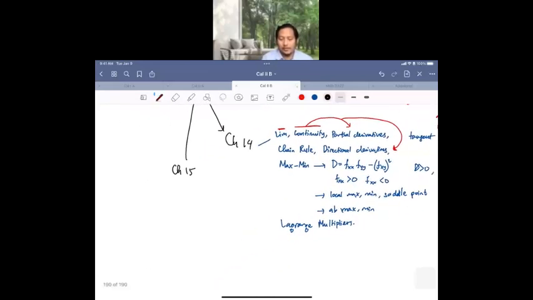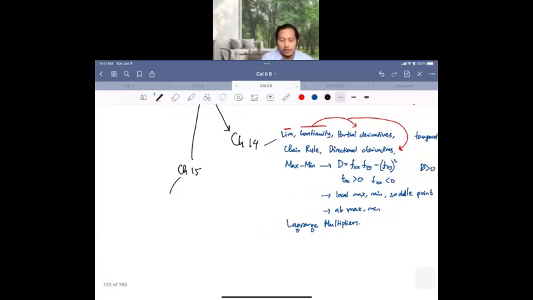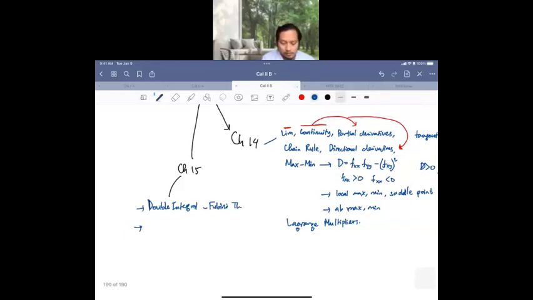And chapter 15, as we did, this will be double integral, the Fubini, right? Fubini theorem. What else? The polar, right? Convert to polar coordinates.